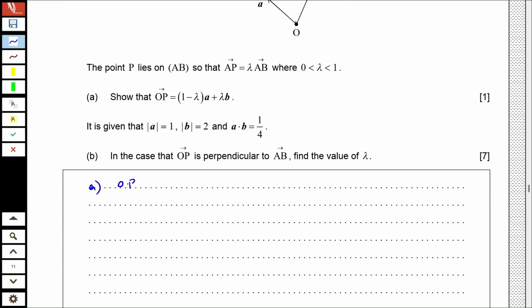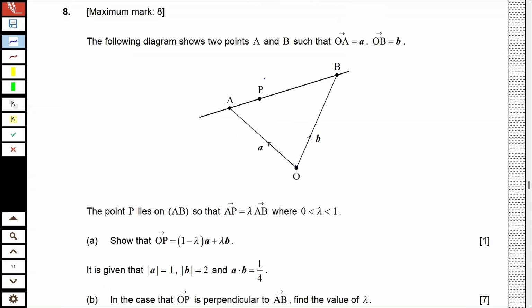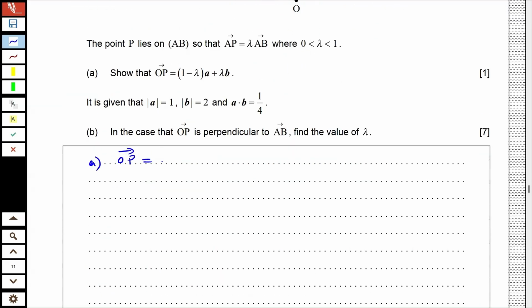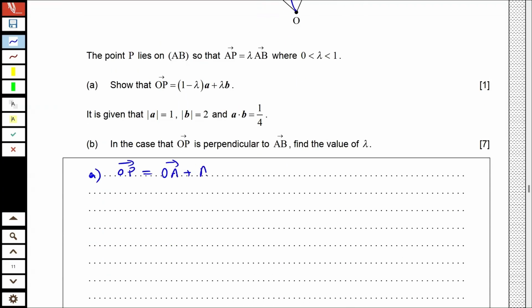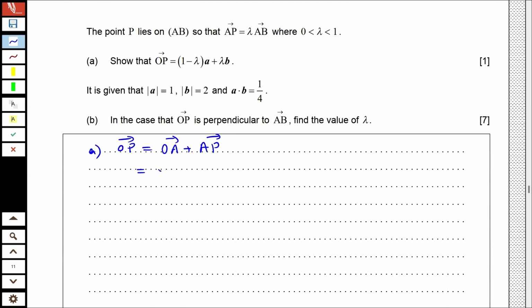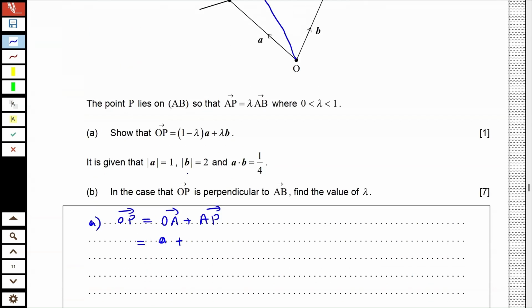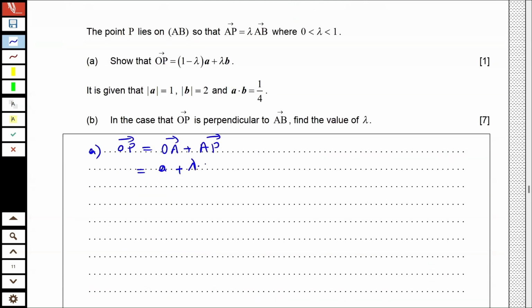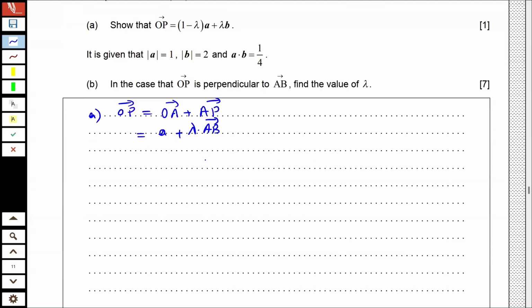So yeah, the OP vector equals the addition of OA and AP, right? You can write OA plus AP. OA equals A, plus AP, which equals lambda times AB.